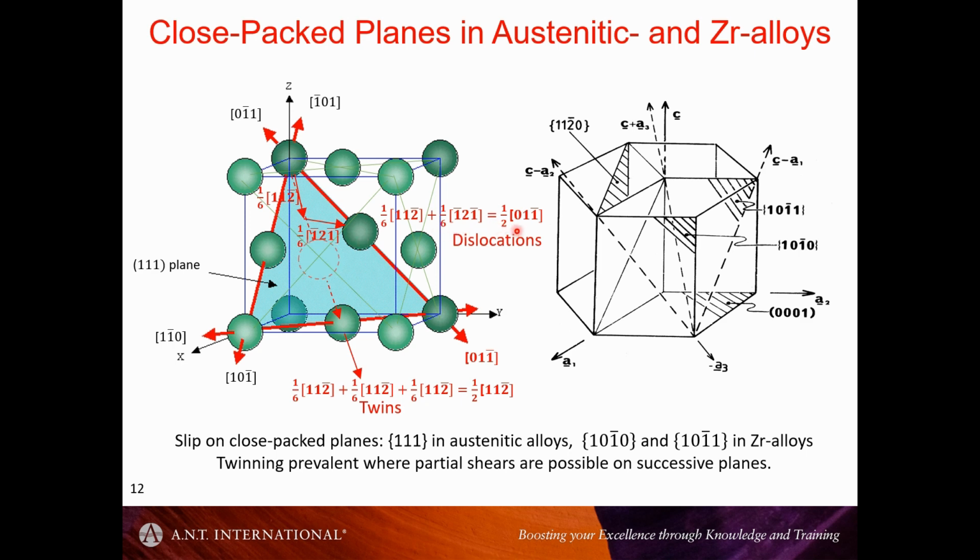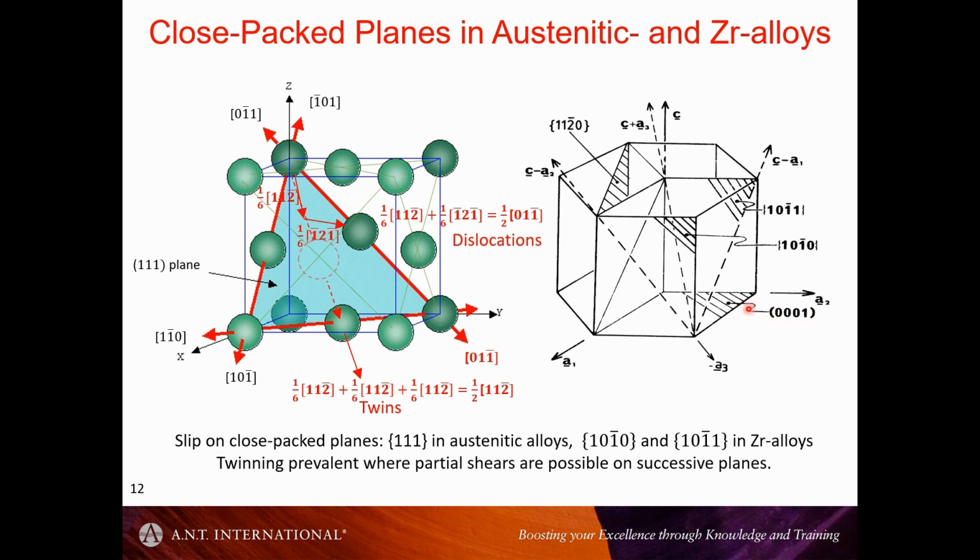And just so that you're aware, twinning occurs on successive planes. Twinning occurs in both the FCC and in the HCP metals, and I'll maybe talk a little bit about both later on. But in the HCP case, twinning can only occur on planes other than the basal plane.